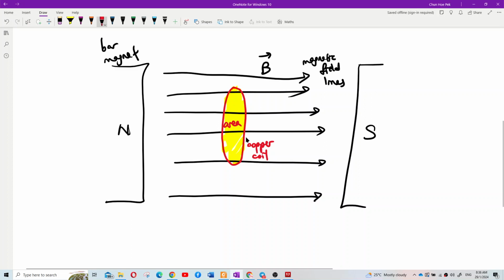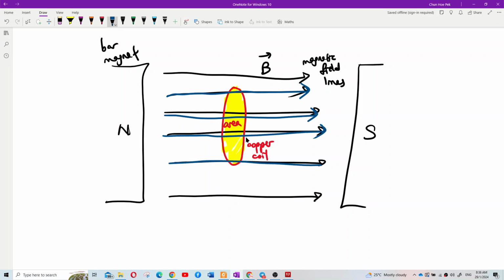So how many magnetic flux lines can you find here? You can see 1, 2, 3, 4. So these blue lines are called magnetic flux. Understand? Okay?